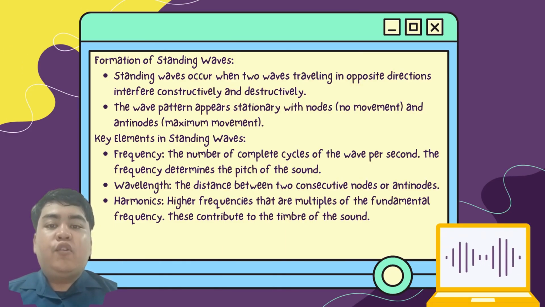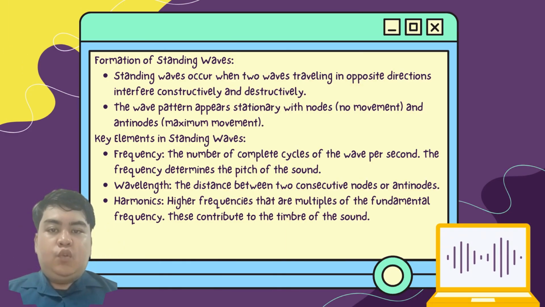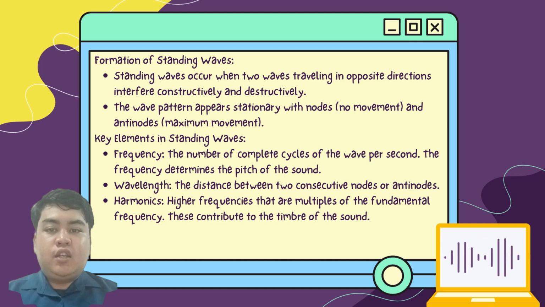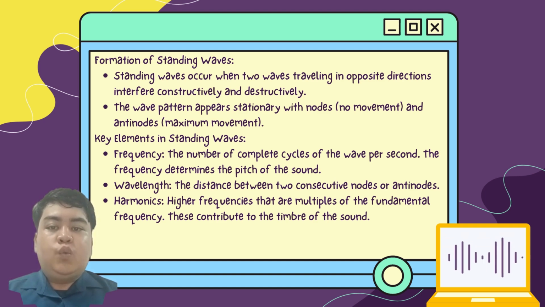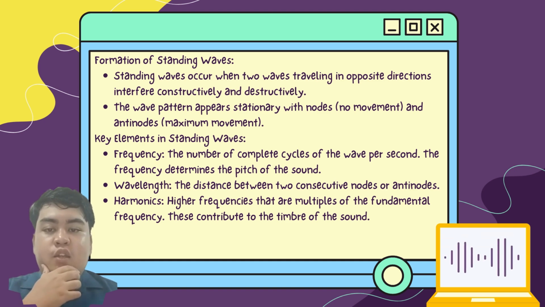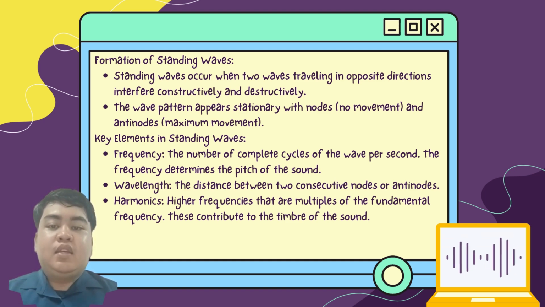First, the formation of standing waves. Standing waves occur when two waves traveling in opposite directions interfere constructively and destructively. The wave pattern appears stationary, with nodes having no movement and antinodes having maximum movement. So, what are the key elements in a standing wave?